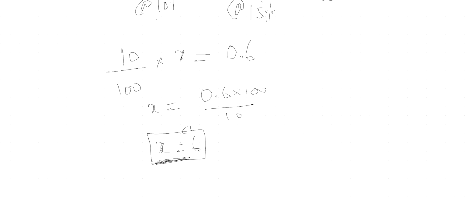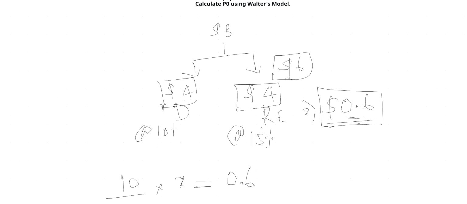So the real worth of this $4 is not just $4. The real worth of this $4 is $6 actually. So let me erase this $4 and write $6 over here. Right. So now what is the combined earnings of the company?